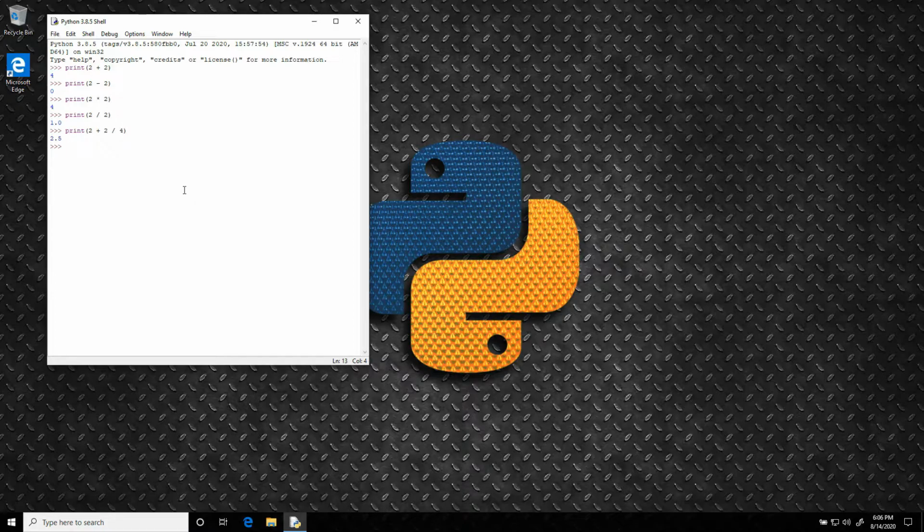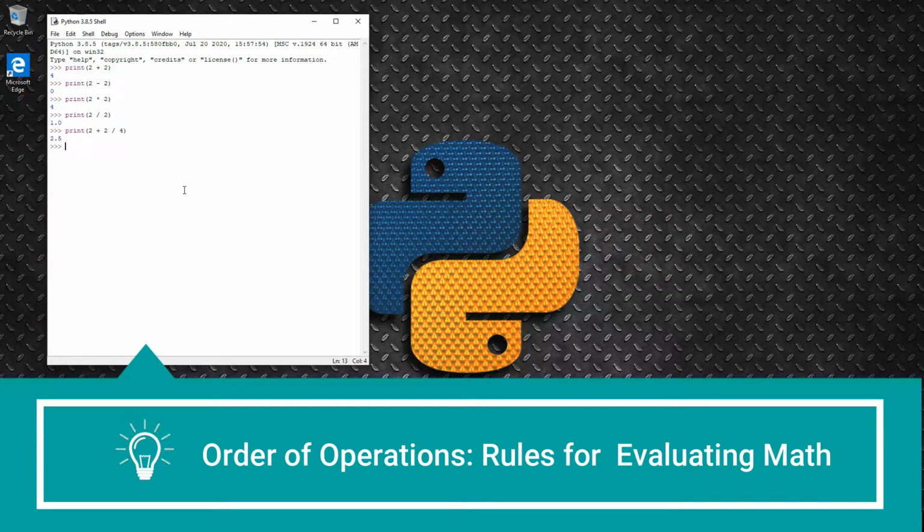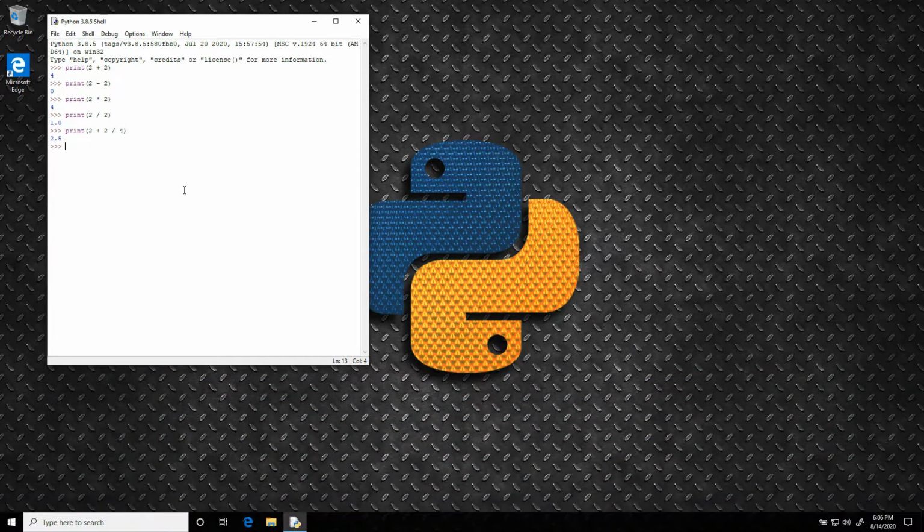Well, I forgot one small but very crucial detail about Python and math. Python respects the order of operations, the same order of operations you've learned in school. So essentially what happened with our example is that Python divided 2 by 4 first, or this part right here. And then after it did that part, it added the entire thing to 2.